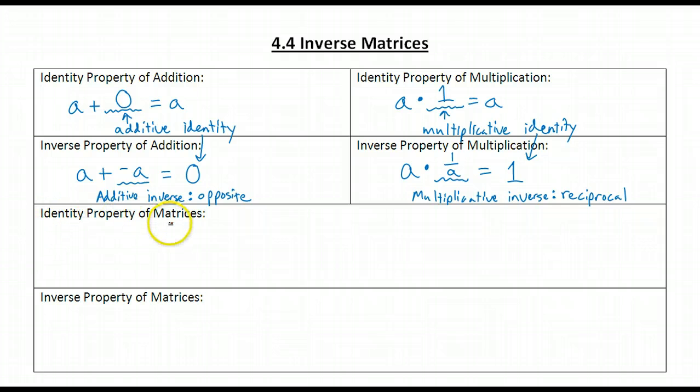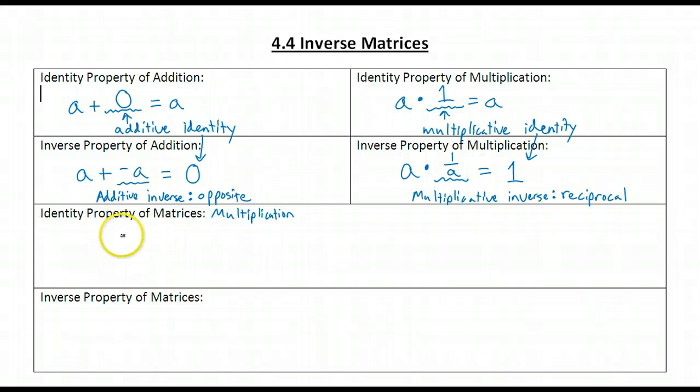The identity property of matrices. I'm going to worry mainly about the multiplication version of this property. In the matrix world, the addition property isn't too different, but the multiplication is going to be different.